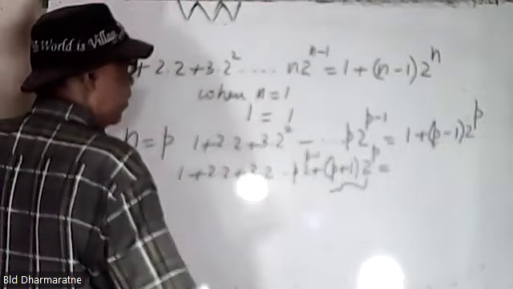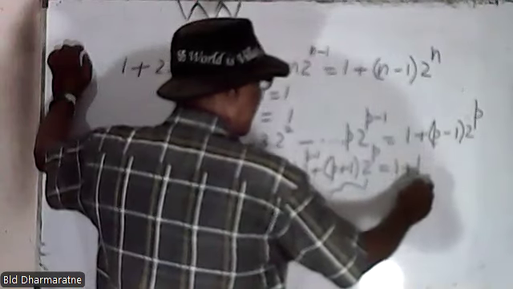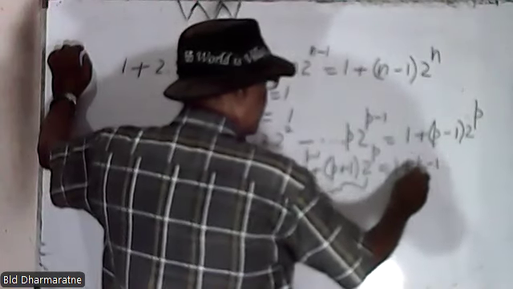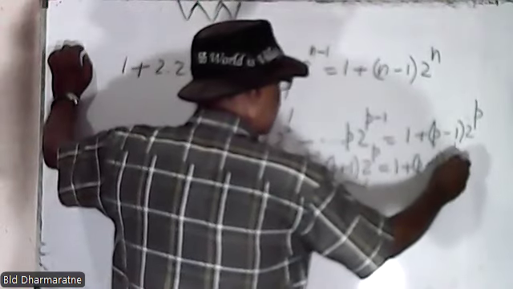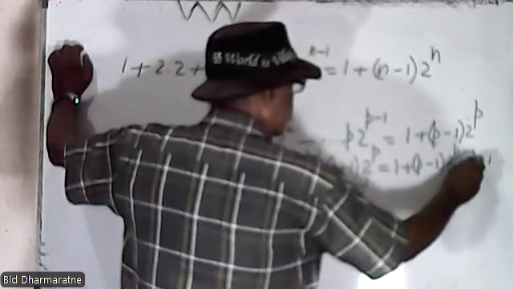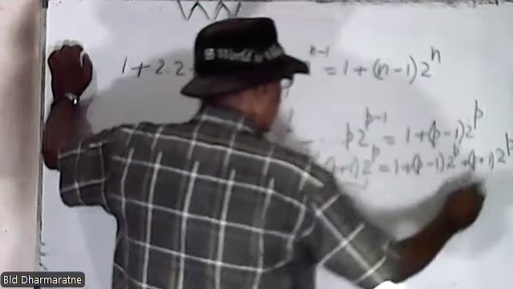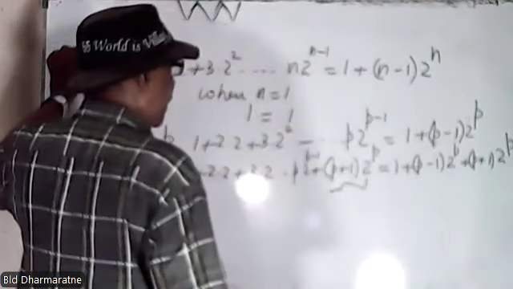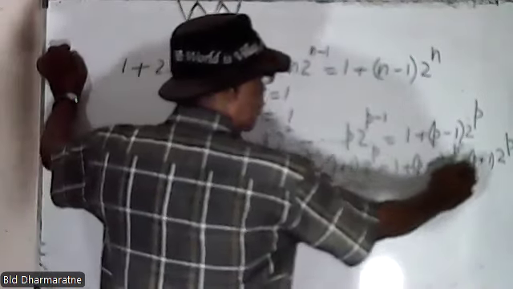On the other side also we have to add: 1 plus p minus 1 times 2 to the power p, plus p plus 1 times 2 to the power p.